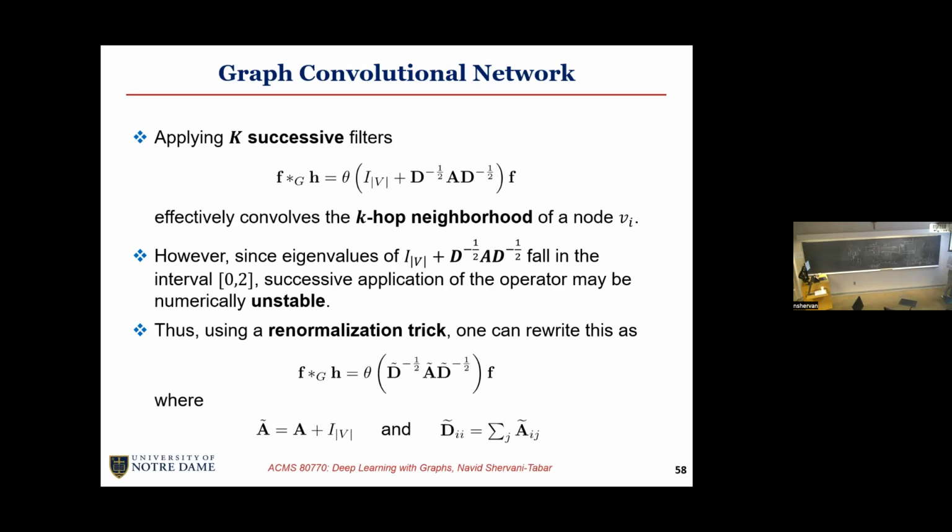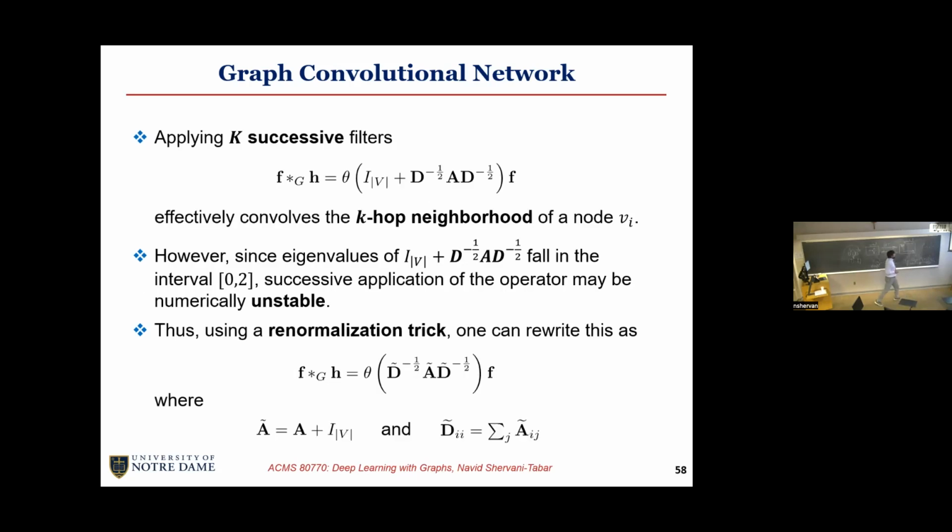Here A tilde is just A with I added to it, and the diagonal degree term is now computed based off of this A tilde, because we want to normalize this new term, A plus I, now, right?